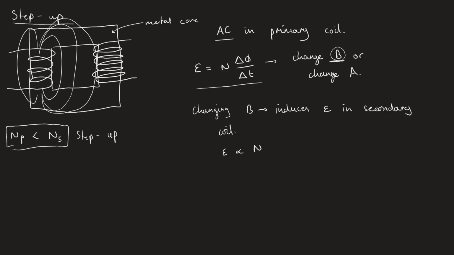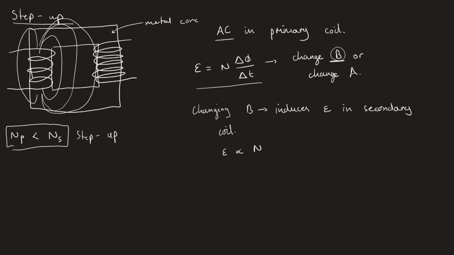And since I now have an increase in the number of turns, and I know these are proportional, that must mean that I also have an increase in the EMF, okay? And this is the whole idea of a step-up transformer. We have this alternating current that causes a changing magnetic flux density, which then leads to an induced EMF in the secondary coil that will be larger due to a larger number of turns on that secondary coil.